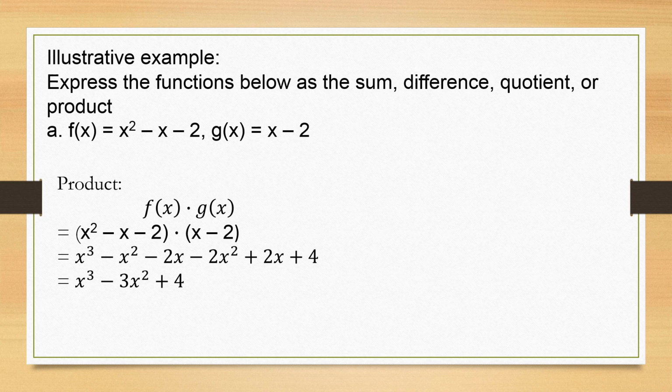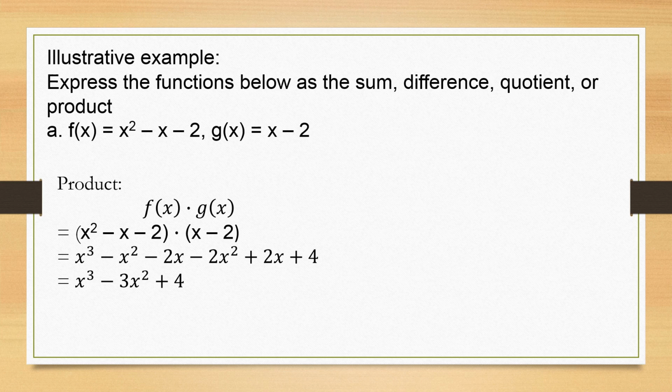Because x squared times x becomes x cubed, negative x times x becomes negative x squared, negative 2 times x is negative 2x. Then for the last term, negative 2 times x squared is negative 2x squared, negative 2 times negative x is positive 2x, and negative 2 times negative 2 is positive 4.